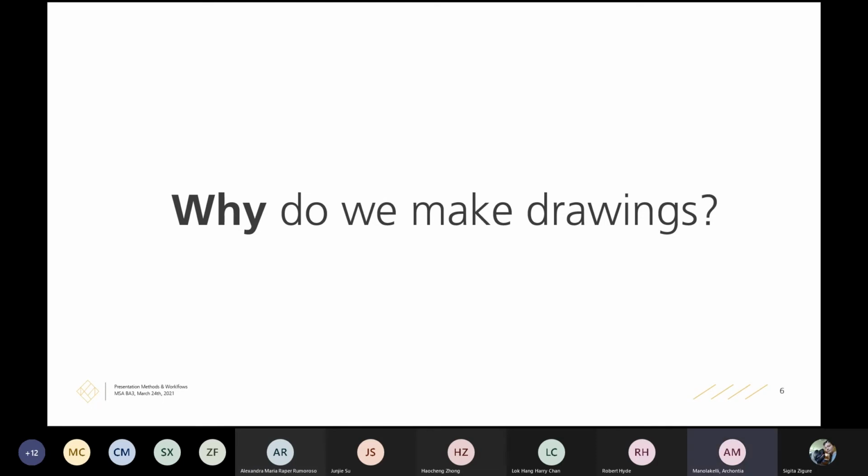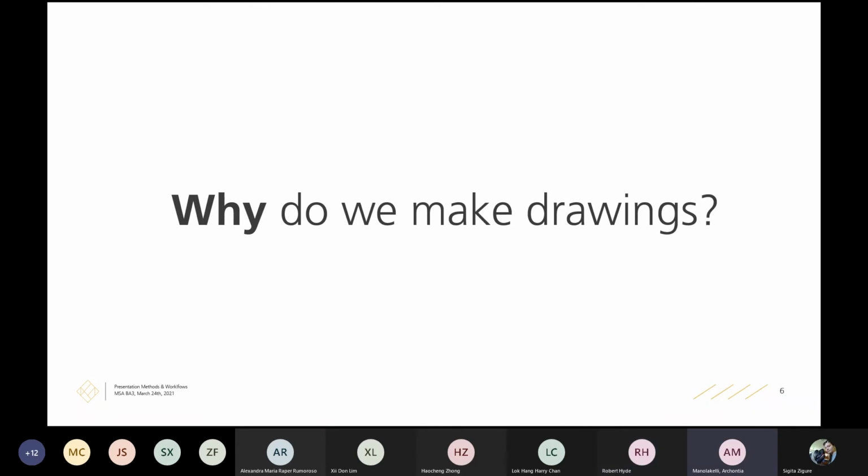Anyone else? It's like a language, right? Because you're trying to express something that you might not be able to explain with words, so it's communicating visually. Mm-hmm. To give instruction. Indeed, yes.